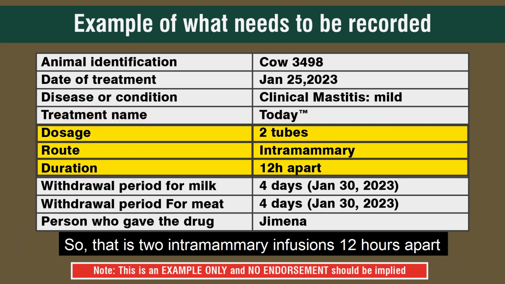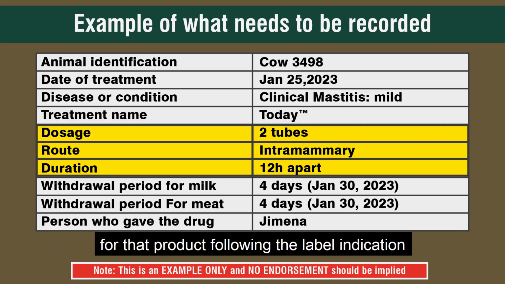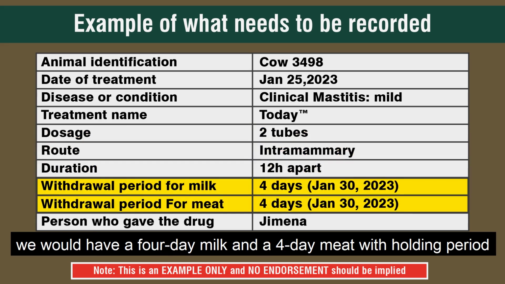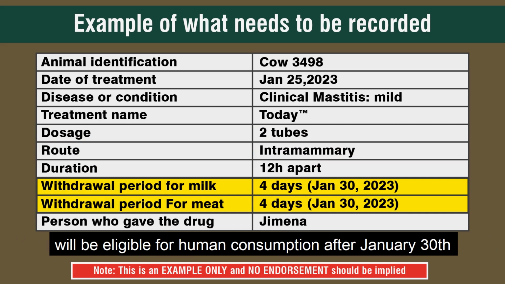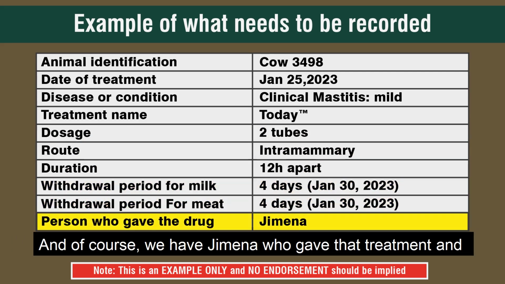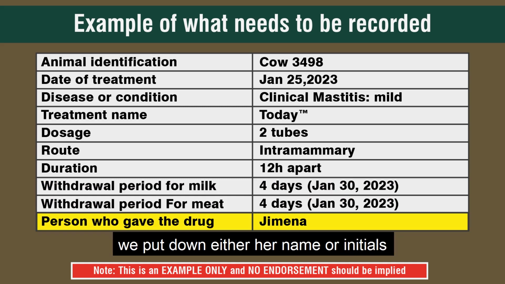So that's 2 intramammary infusions 12 hours apart. For that product, following the label indication, we would have a 4-day milk and a 4-day meat withholding period. So both milk and meat would be eligible for human consumption after January 30th. Then of course we had Jimena who gave that treatment, and we put down either her name or her initials.